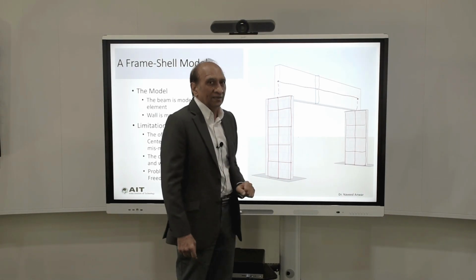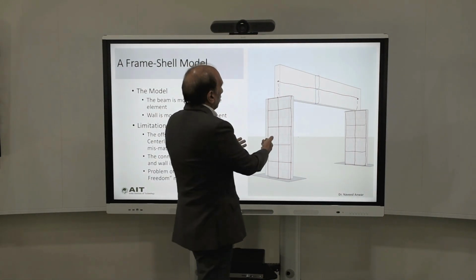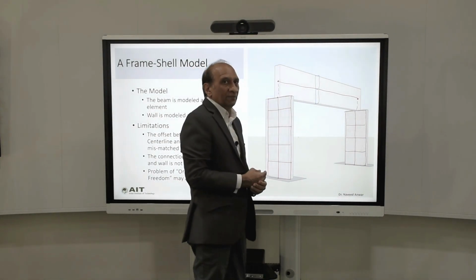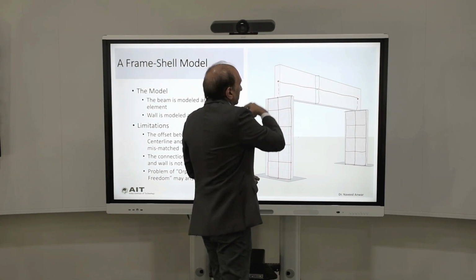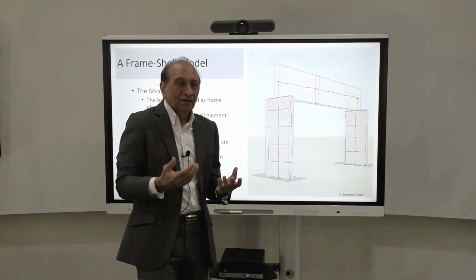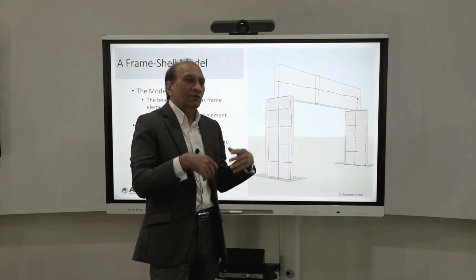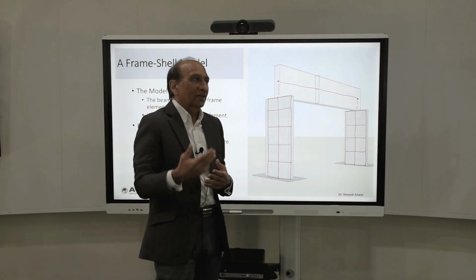That gap is still there, and we need to do something about that. This model will be slightly better for the walls, but it doesn't solve the problem for the beam, and especially doesn't solve the problem of the connection between the beams and the wall. Right? But at least now we know that we have an option of doing a simply supported single member, an option of doing a frame, and an option of doing a frame and a shell.